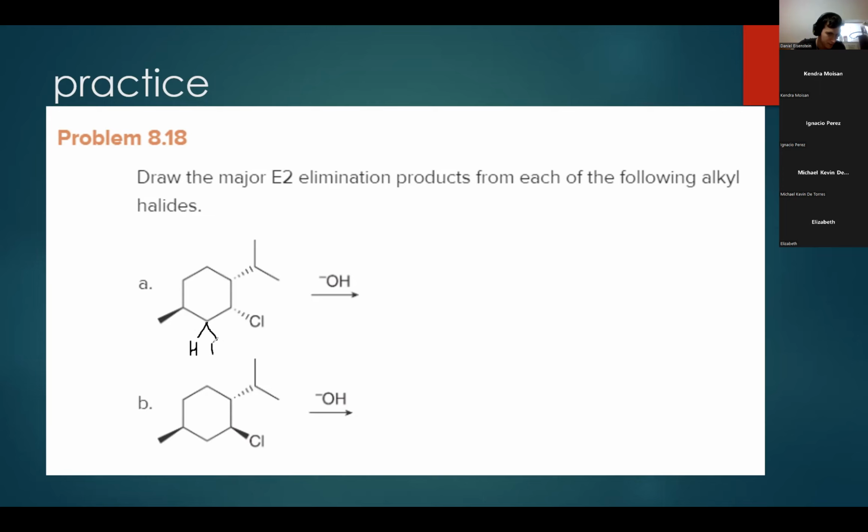One's in front. Very good job, guys. This H and this chlorine are trans. And so even though this chlorine and this hydrogen are also trans, the alkene is more stable here, therefore it forms there.